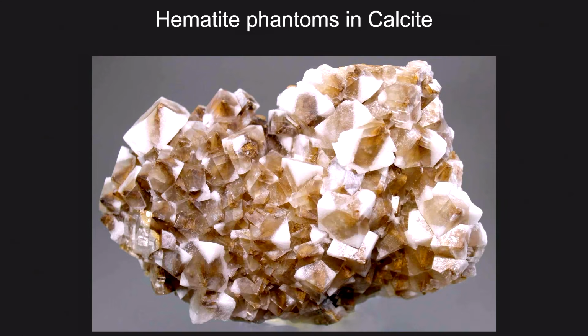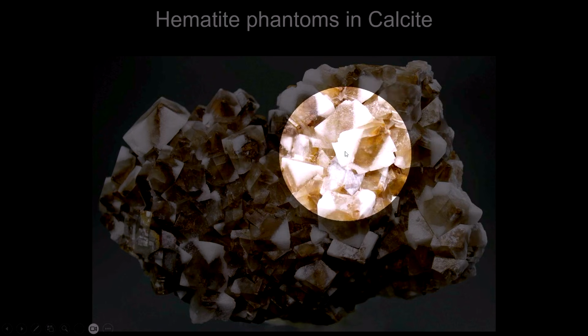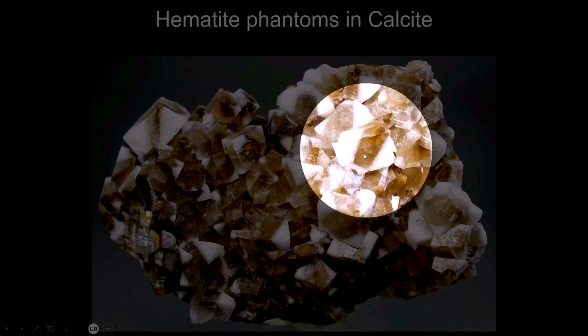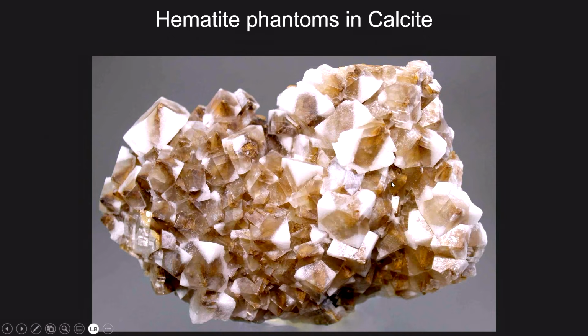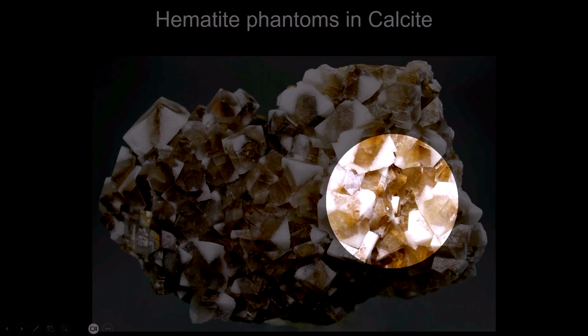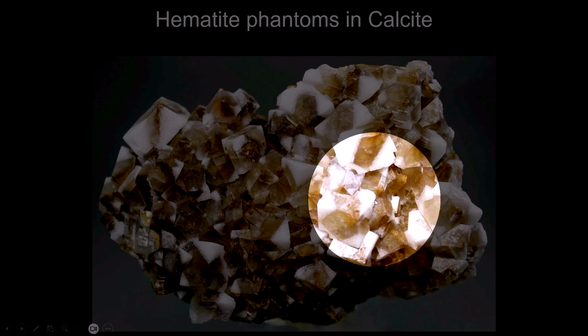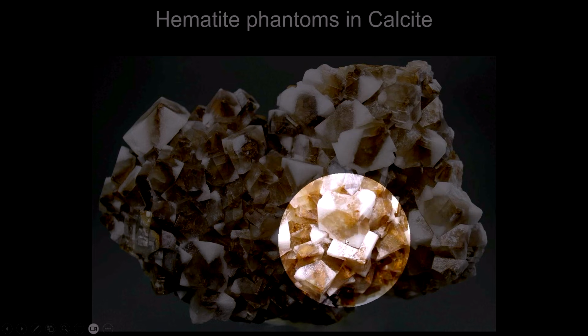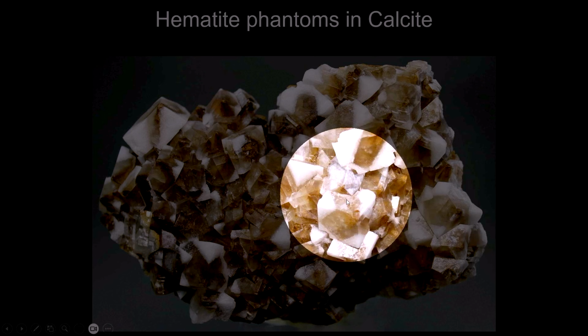Now we see another phantom, and here we have the phantom where parts of the rhombohedron are opaque and parts of the rhombohedral faces are transparent. And I call your attention especially to this item right here where we're looking down onto the rhombohedral faces and we see a sort of a Y-shaped configuration.